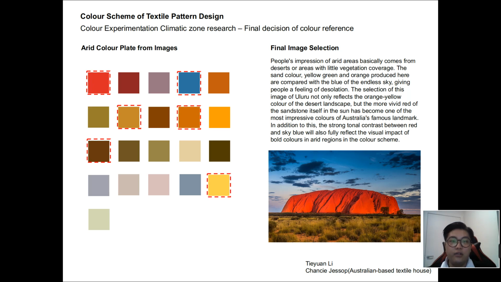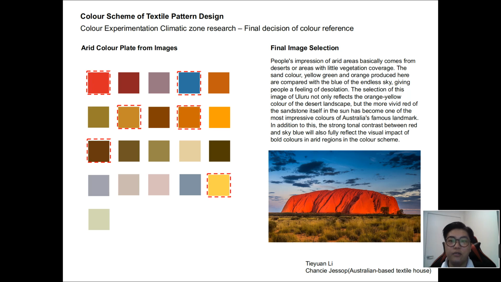The selection of this image of Uluru not only reflects the orange-yellow color of the desert landscapes, but more the vivid violet of the sandstone itself in the sun has become one of the most impressive colors of Australian famous landmarks.